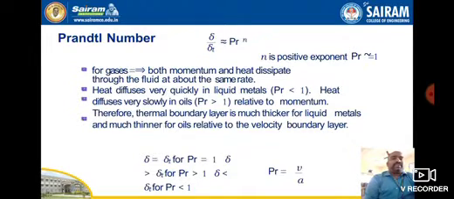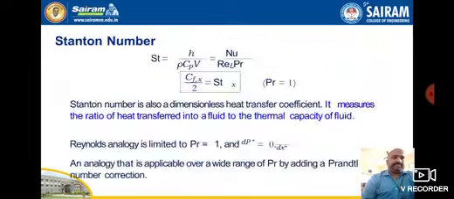Heat diffuses very slowly in oils, as the Prandtl number is greater than 1 relative to momentum. Therefore, the thermal boundary layer is much thicker for liquid metals and much thinner for oils relative to the velocity boundary layer. And the Prandtl number we can write as ν by α.